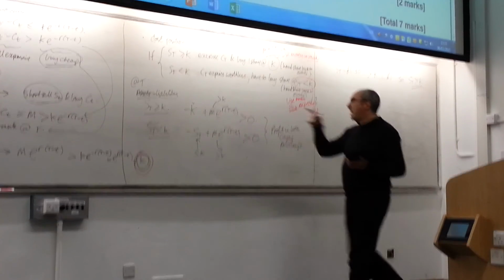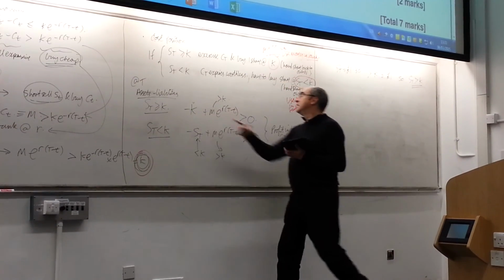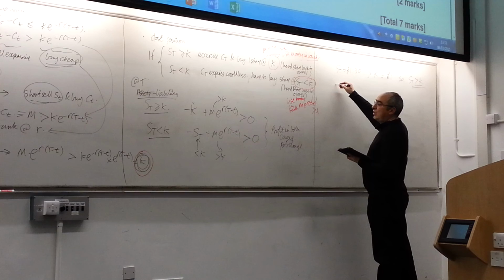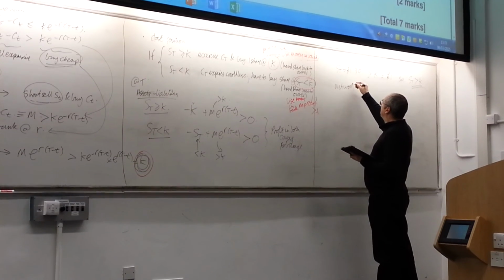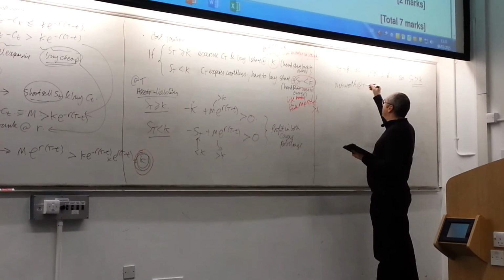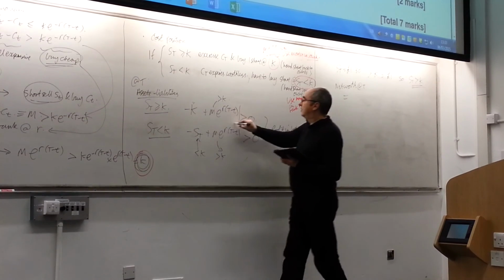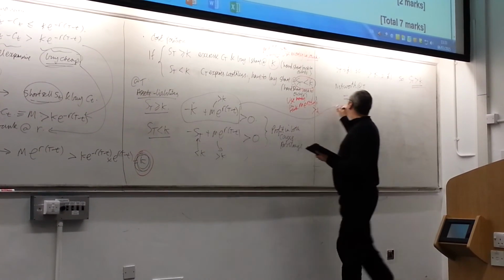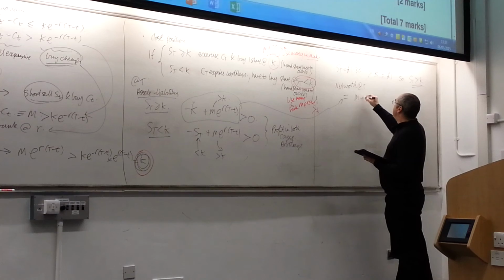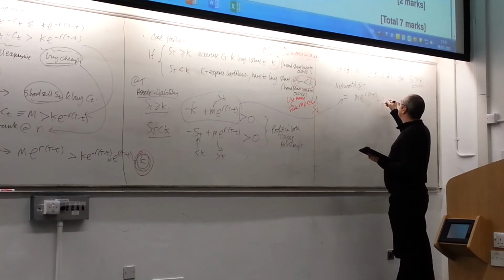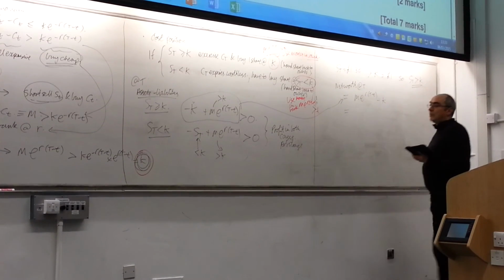So my assets, my net worth at T, equals this one here: M e to the R (T minus t) minus K. Now what was M?